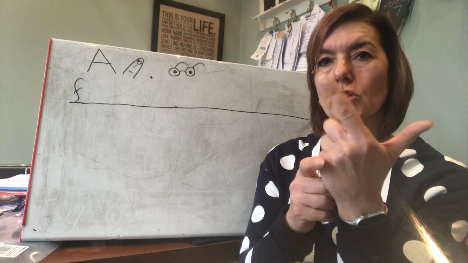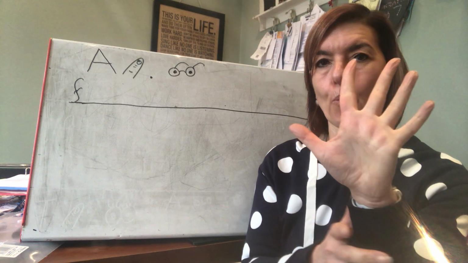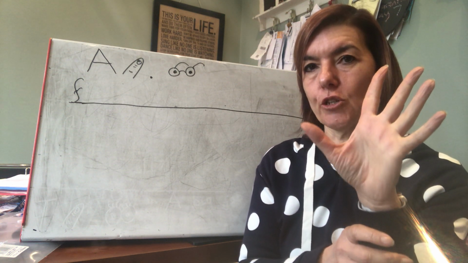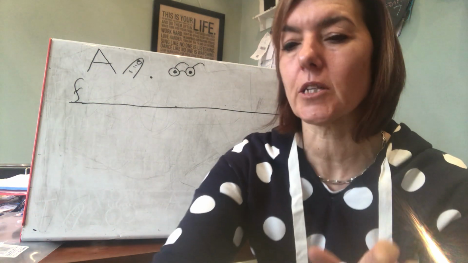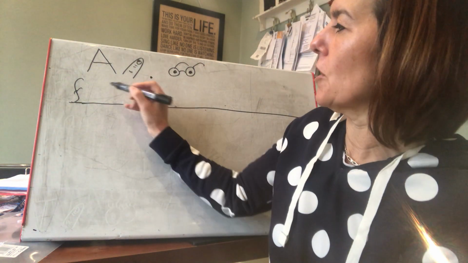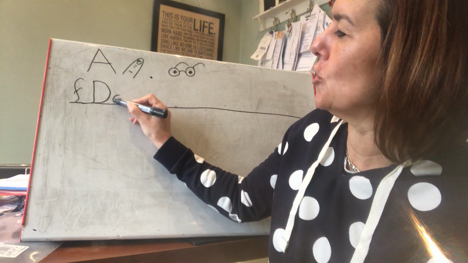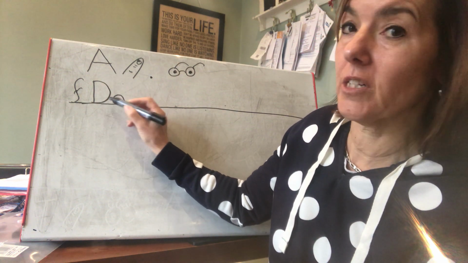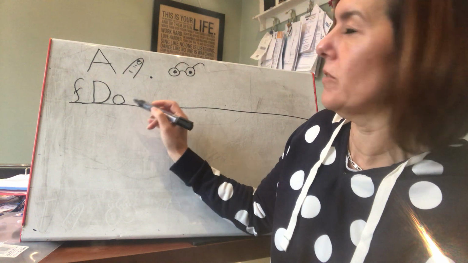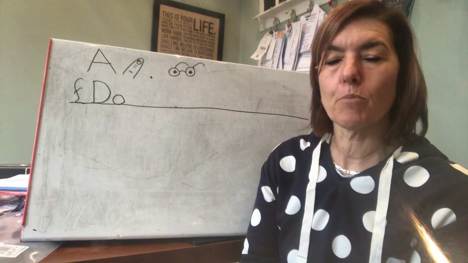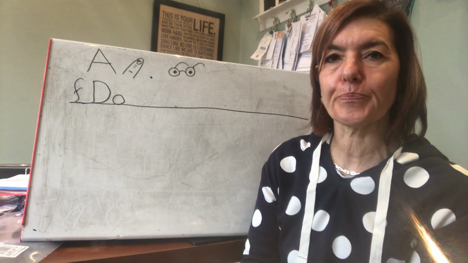Do not shut the shop. We've got 5 words. So I suggest you write, do not shut the shop first. I'm going to help you with do, because that is a tricky word and you might not know it yet. Do. Oh, it doesn't say dot, it says do. Right, off you go. Do not shut the shop. Pause it now and write that.